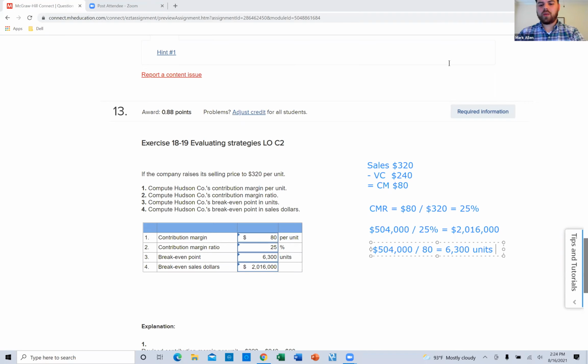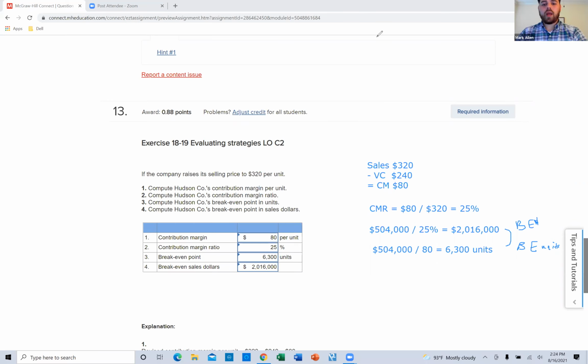So these two are flipped in order. Because of the annotation on here, I don't know how to move text boxes around. But the information is correct, right? This 2,016,000, this is our break even in dollars. So break even in dollars here. And this is our break even in units here.